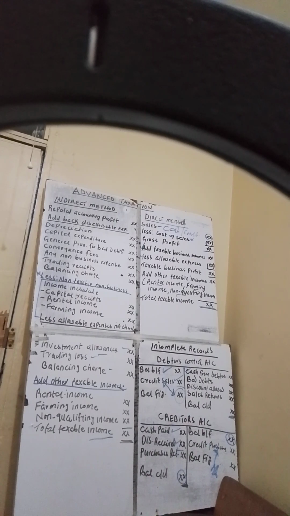Number two, legal cost in respect to successful defense of a breach of contract. Number three is legal cost in respect to preparation of staff contract when recruiting new employees. Number four is legal cost in respect to preparation of a lease contract which does not exceed 99 years. So those legal costs are allowable.